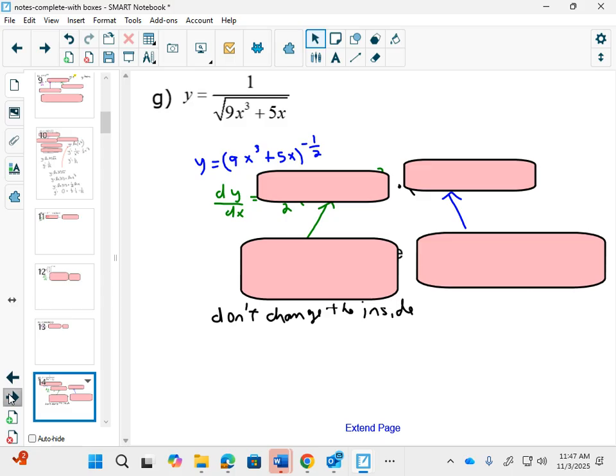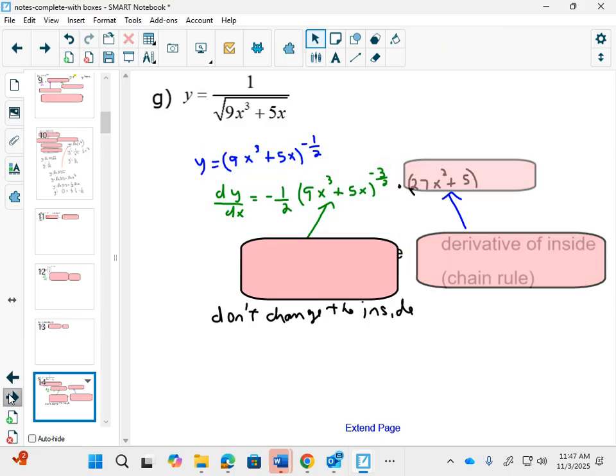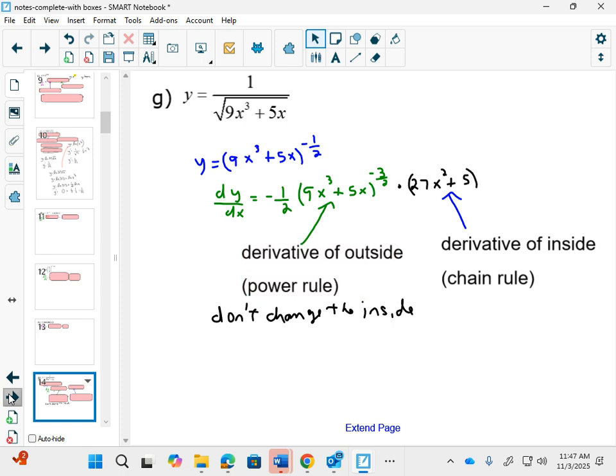So now, do you see that the 9x cubed plus 5x is inside of an exponent of a half? How do you do an exponent of a half? That's a power rule. You bring the 1/2 in front, subtract 1 from the exponent, keep the inside the same. And then derivative of the inside.